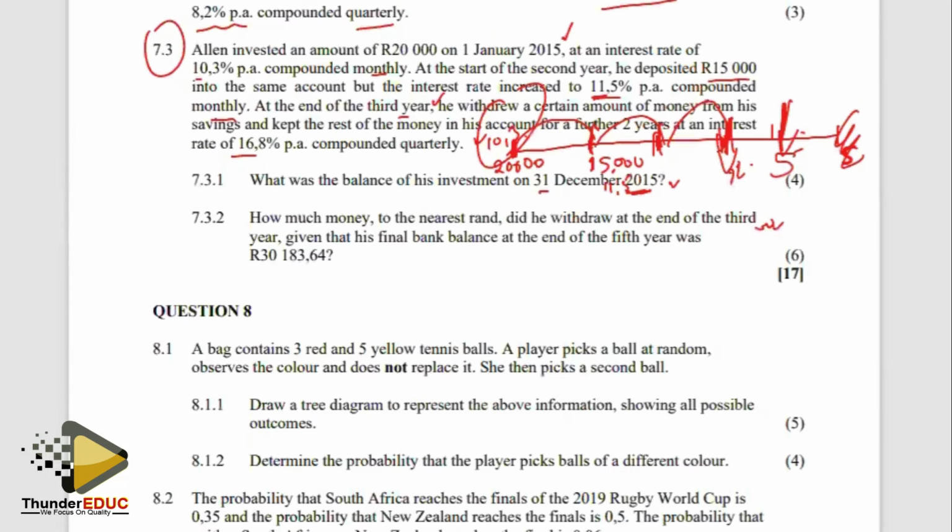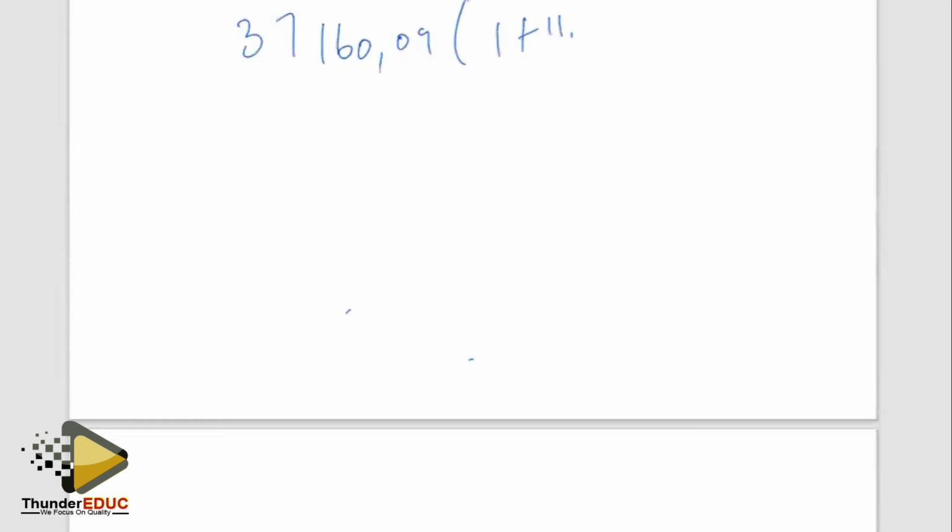Those are 2 years. All right, so I'm going to make it grow with the same formula. So it's going to be 37,160.09 into 1 plus the interest rate, 11.5% over 12, to the exponent of 12 times 2.